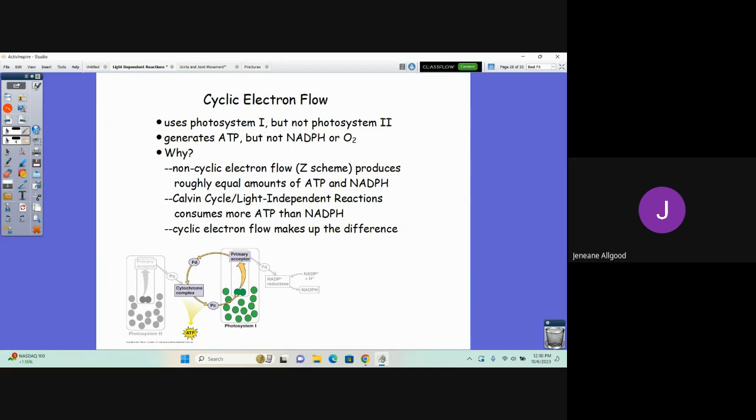So the cyclic flow is going to just produce some ATP to make that little bit of extra that you need for that Calvin cycle. And this is showing you, I think I have a picture on the next slide that's bigger. All right. Let's see what we recognize. There's ferredoxin.